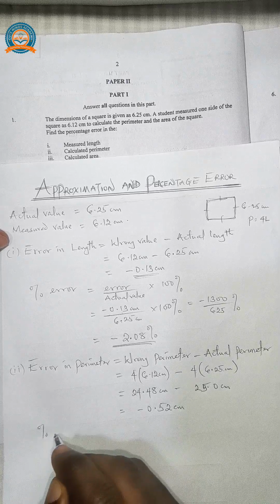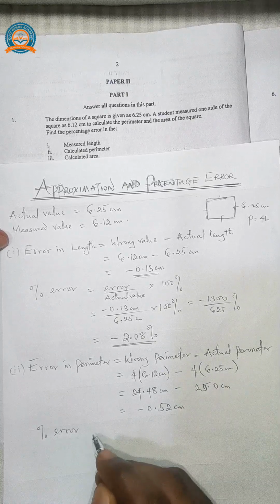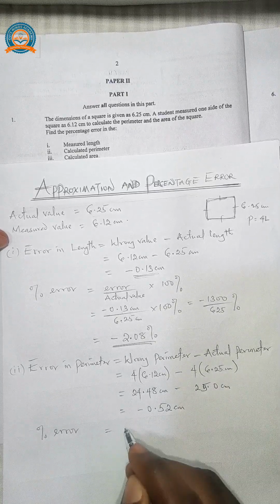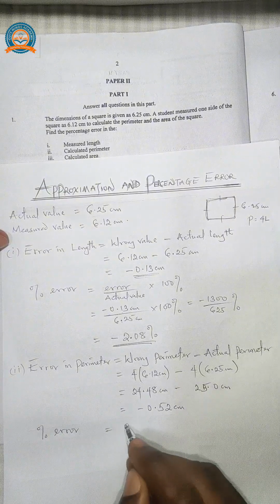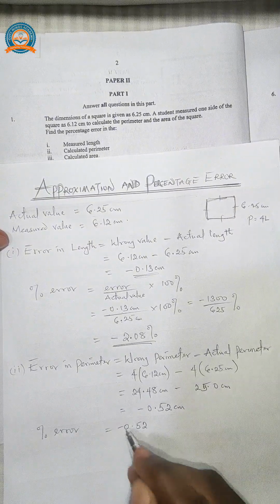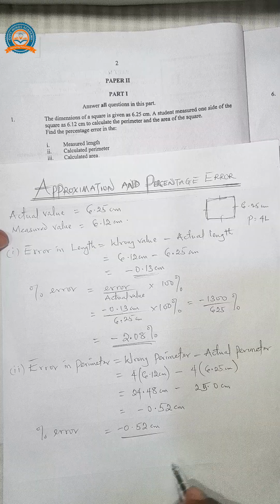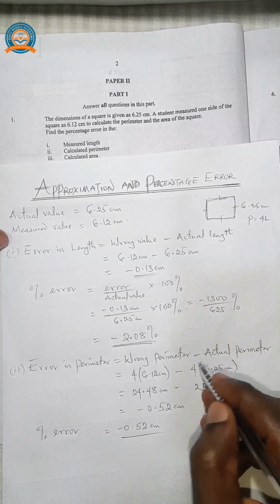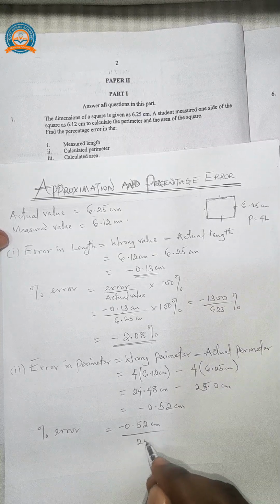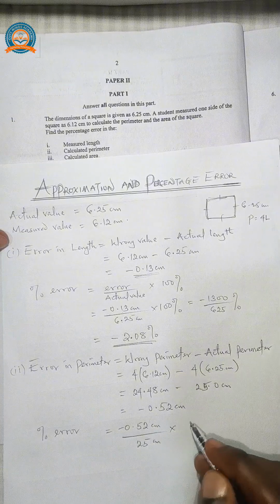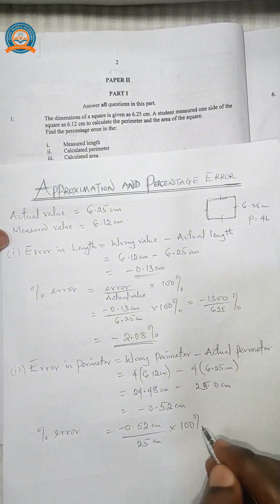So the percentage error in the perimeter, percentage error will now be the error, which is negative 0.52, divided by the actual perimeter. In this case, the actual perimeter should be 25 in centimeter multiplied by 100%.